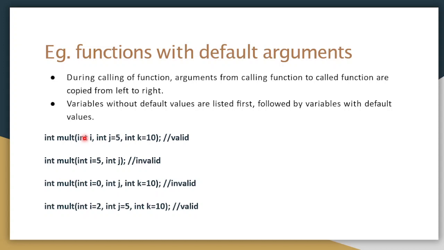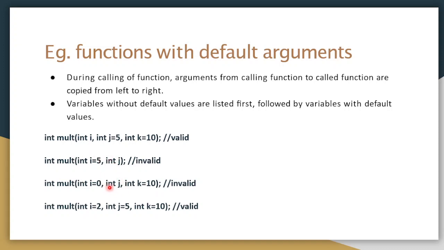Here, as you can see, for integer i we need to give a value in the call, but if we don't give the value of the second and third parameters, this function will still work. But in this case, we have a default value first and then an integer j, so this is an invalid function call.